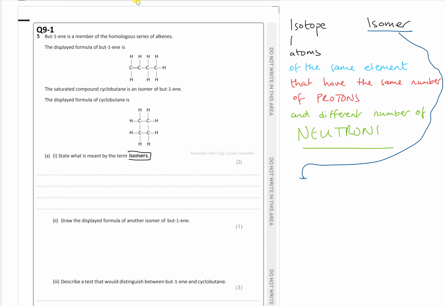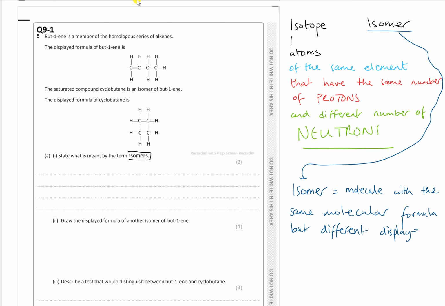An isomer is a molecule with the same molecular formula but different displayed formula.